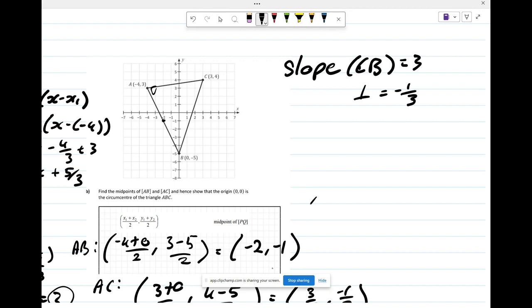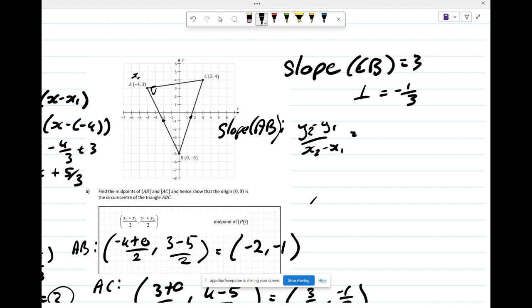Now we're just going to want to find the slope of AB and then go perpendicular. So the slope of AB is going to be y2 minus y1 over x2 minus x1.